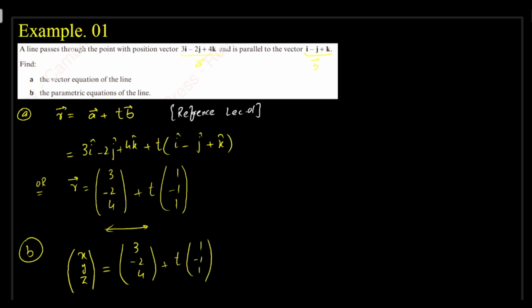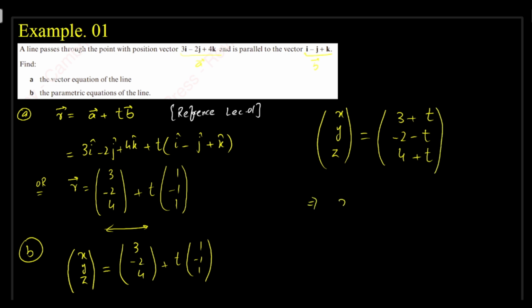Now collecting the like components on the right hand side, we can write this equation as (x, y, z) equals (3 plus t, minus 2 minus t, 4 plus t). By equating like components, x equals 3 plus t, y equals minus 2 minus t, and z equals 4 plus t.